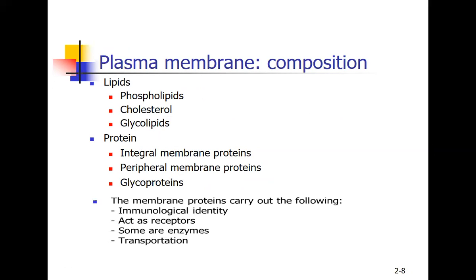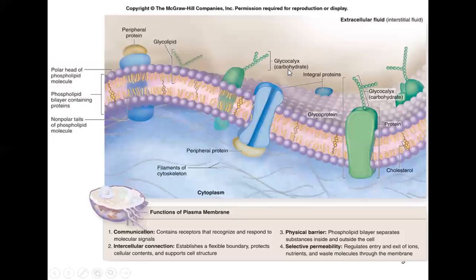Now we'll try to understand each structure better. The first one is the plasma membrane. As we saw, there is a covering outside the cell. If you see it very closely, this is how it looks.